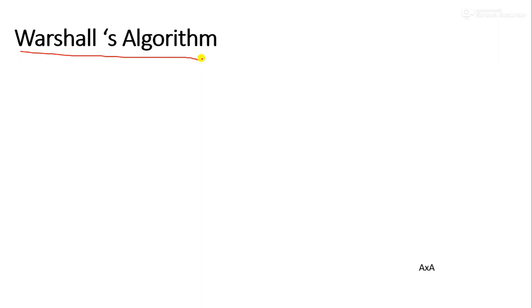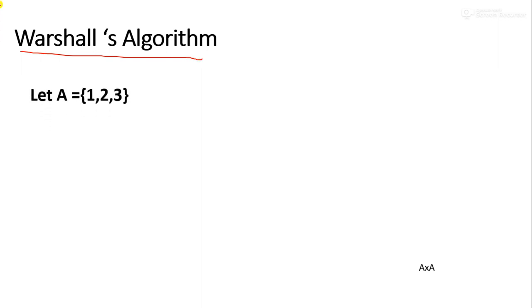If you are able to identify that the relation is not transitive, then it's better not to use this Warshall algorithm. But the Warshall algorithm is very useful when we have confusion whether the relation is transitive or not. So here in this video I am going to discuss the Warshall algorithm.